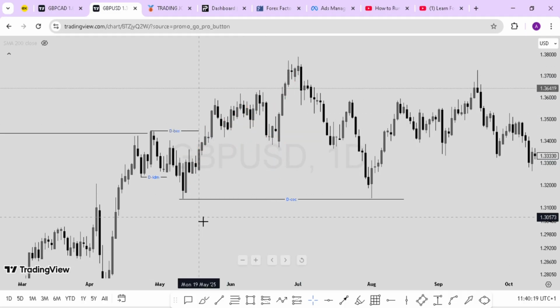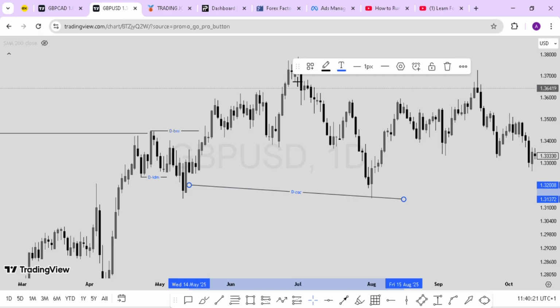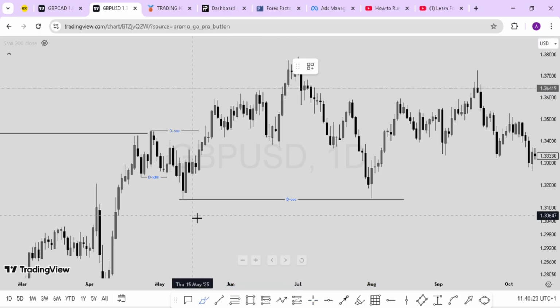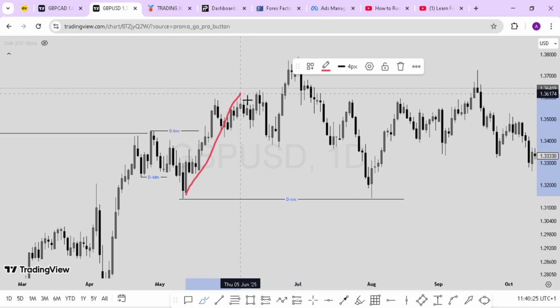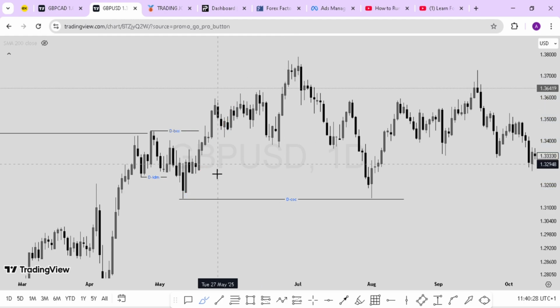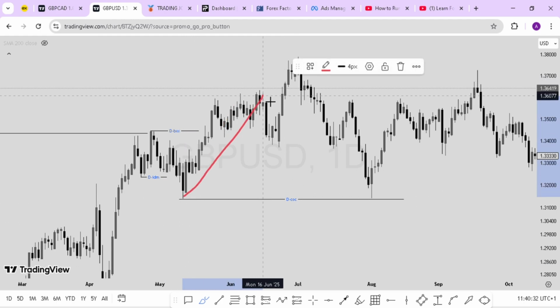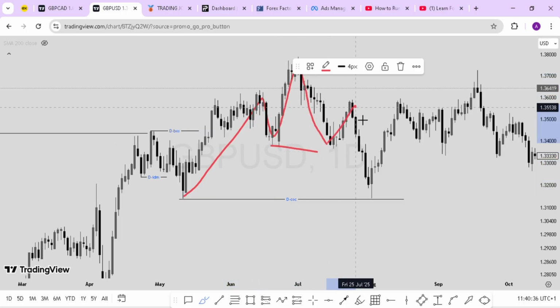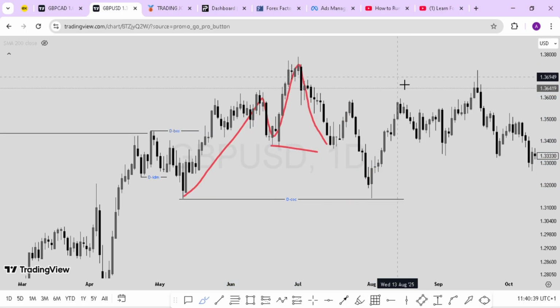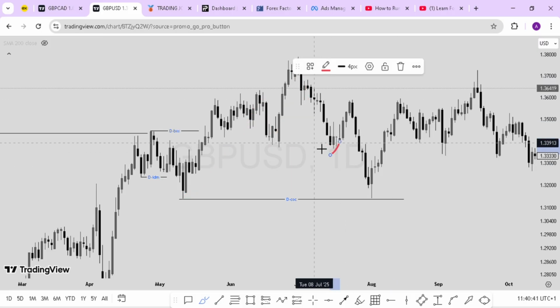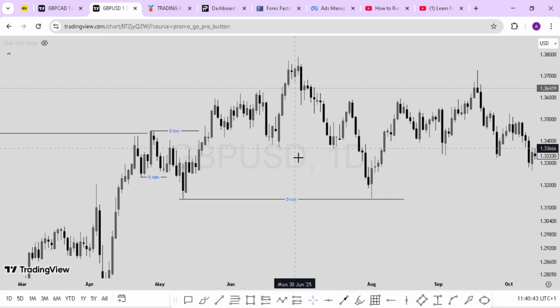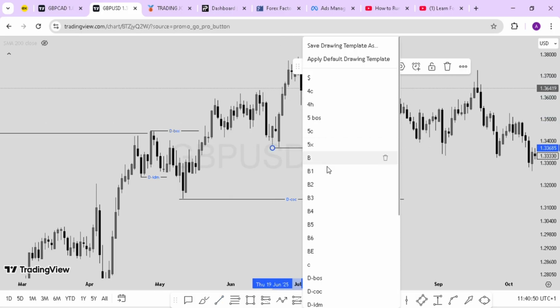The whole thing will be like you have one leg of impulse like this, then correction, then the market must come back for this, then boom to the upside. So you can see what the market was actually doing, and it means that our new inducement is going to be here.